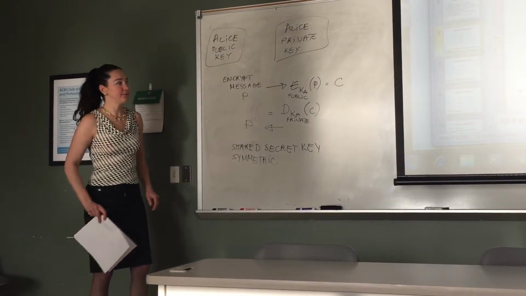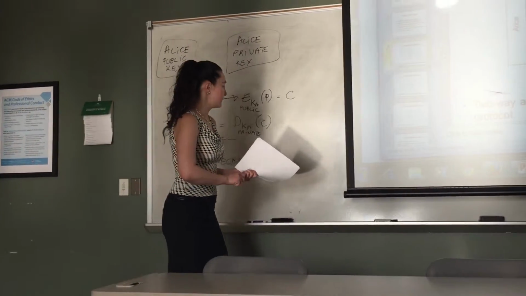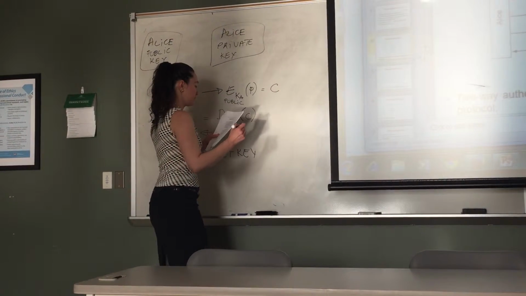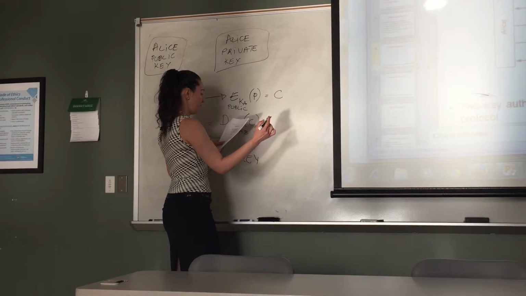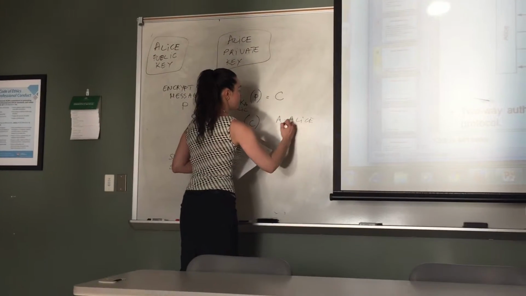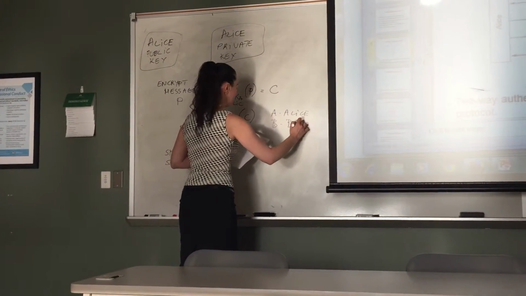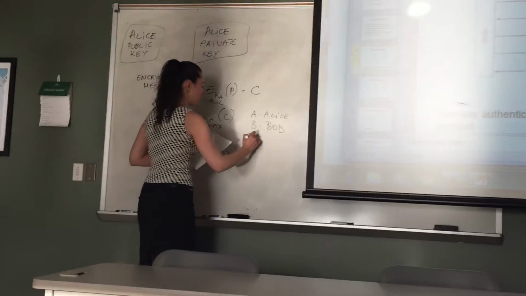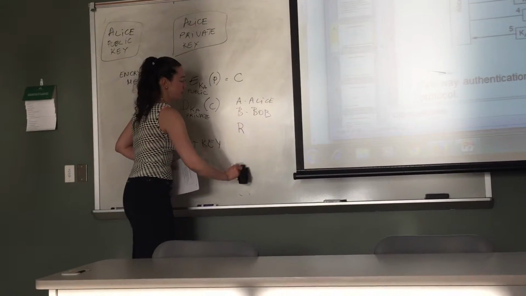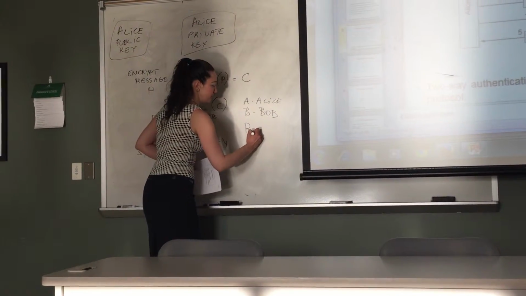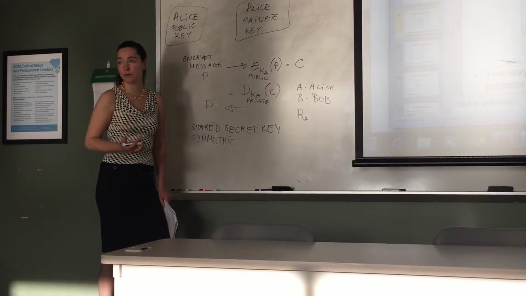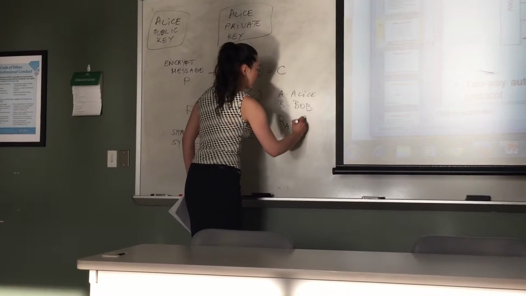So with shared key, the way it works is we would have A and B would be Alice and Bob. So some notations. R stands for random number. So Alice, for example, can pick some random number and use it as a challenge.